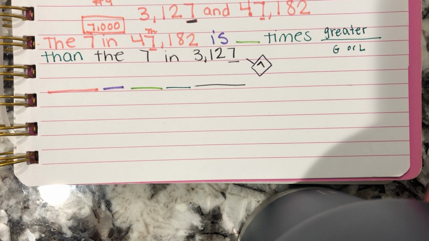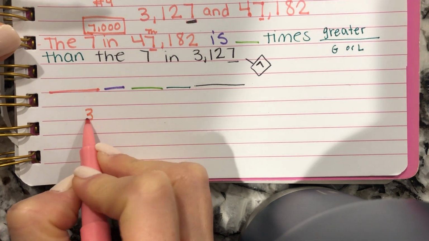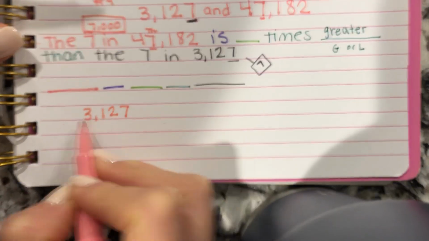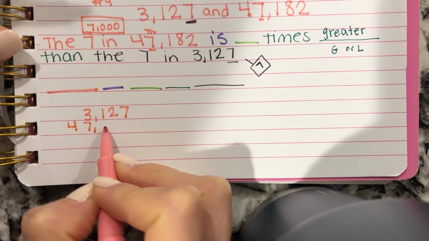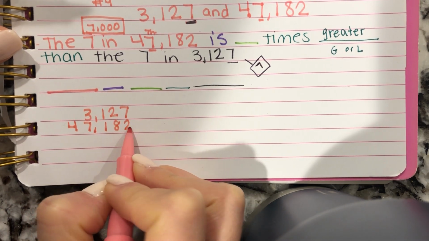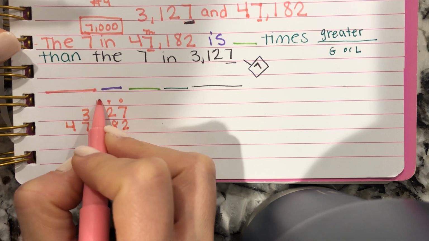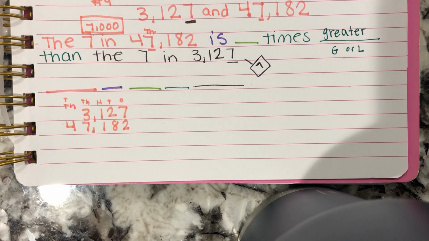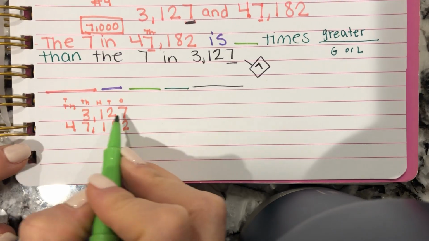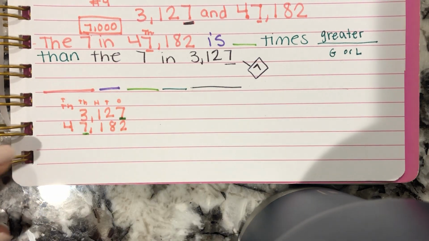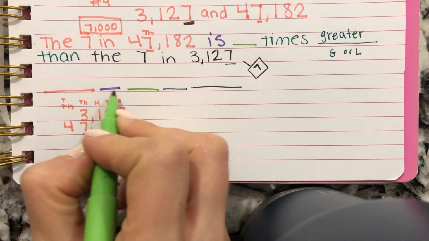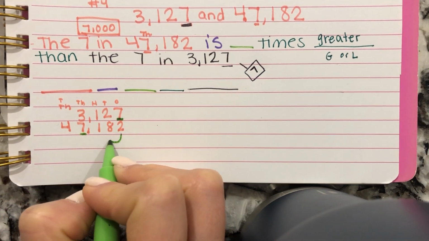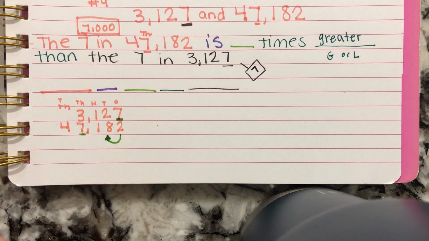All right, now let's figure out how many times greater. I'm going to go to my numbers. It's a little bit easier here if we stack them. So I'm going to put these numbers in a quickie place value chart. 47,182. Ones, tens, hundreds, thousands, 10,000s. And I'm going to count my shifts going from one 7 to the other. So my first shift takes me from the ones place to the tens place.